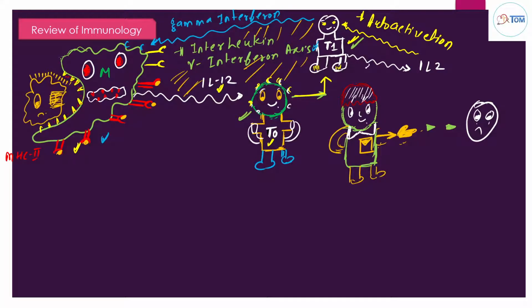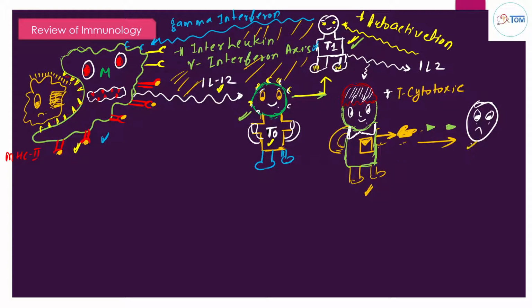This is a cytotoxic T cell, so let me write it here, T cytotoxic, right? This is important. It is one of the T cells. Once this T cell is activated, what does this T cell do? This T cell directly kills the cell.